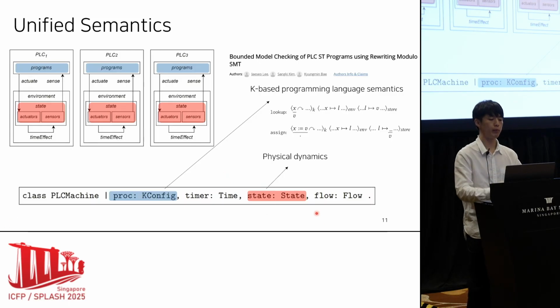For the programming part, we use the K-based programming language semantics. K is a semantic framework where we can define executable operational semantics. And the whole approach is based on rewriting, and K is also based on rewriting, so they nicely come together.